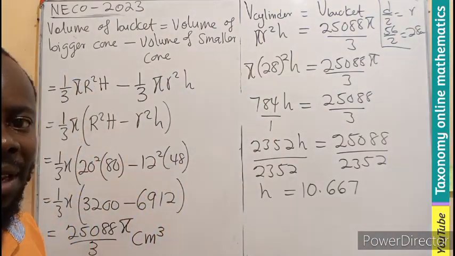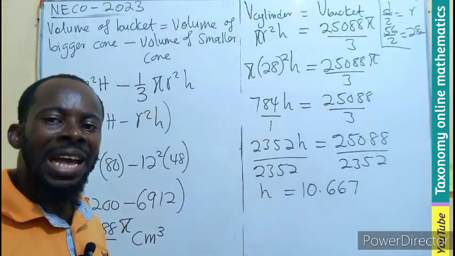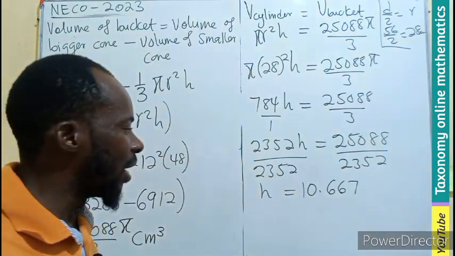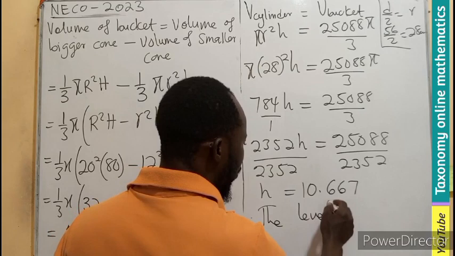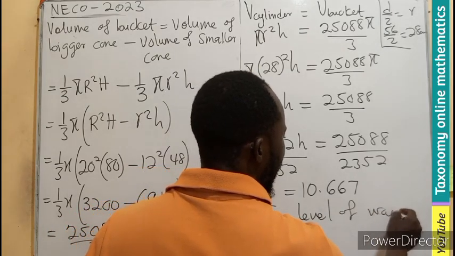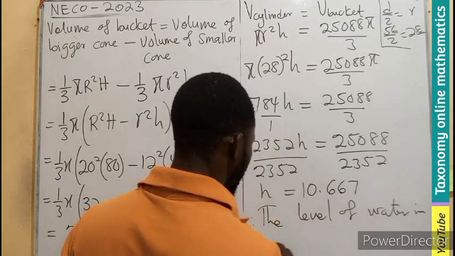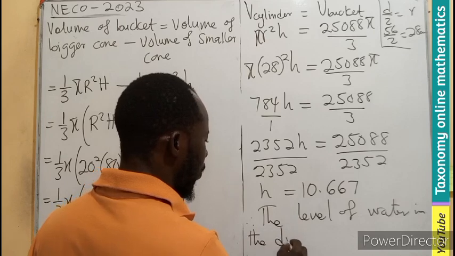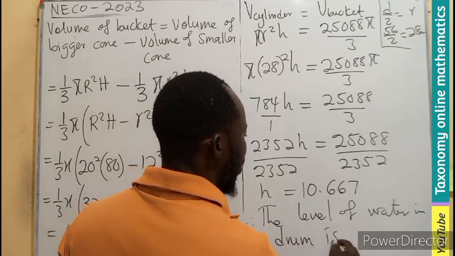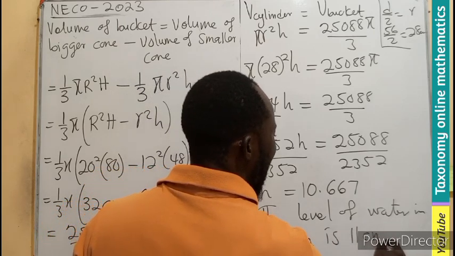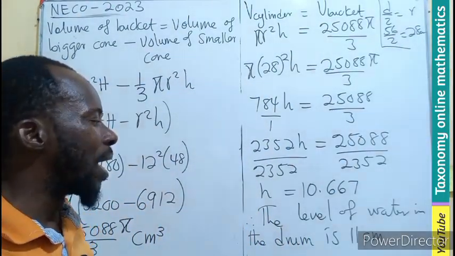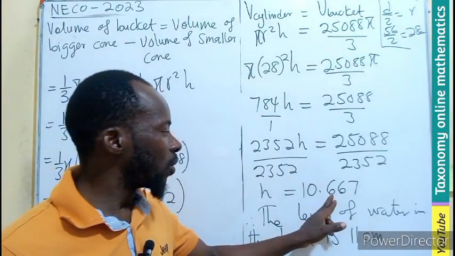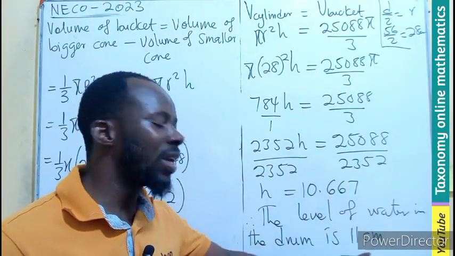But we are being asked to leave our answer in the nearest whole number. Therefore, the level of water in the drum is going to be 11 centimeters, nearest whole number. Therefore, we approximate this to become 1 added to this, 11.